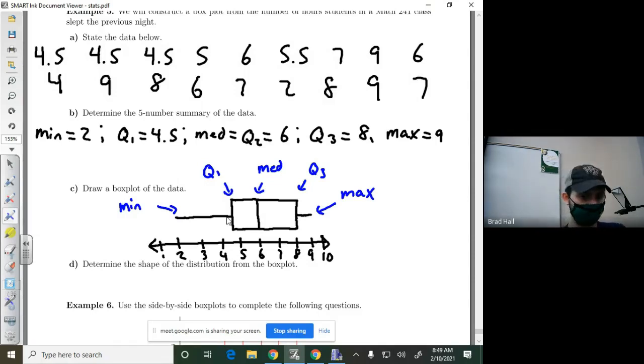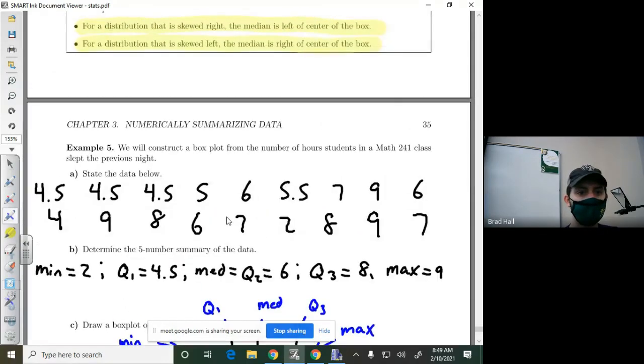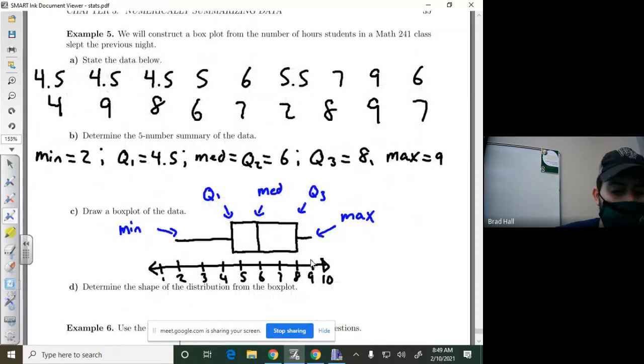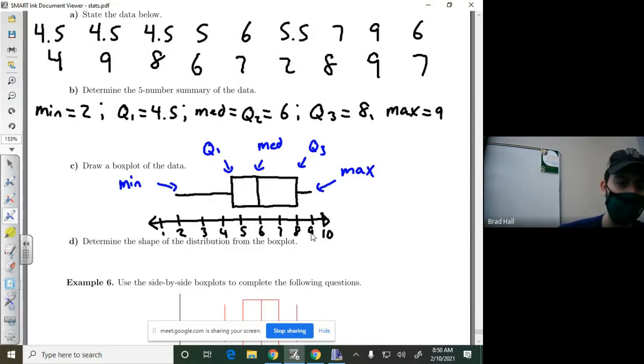So is it symmetric, is it skewed left, or is it skewed right? And it seems like there's a tail on the left end.